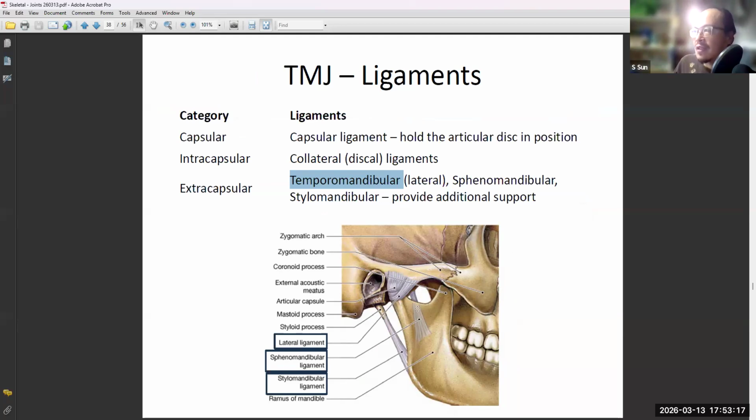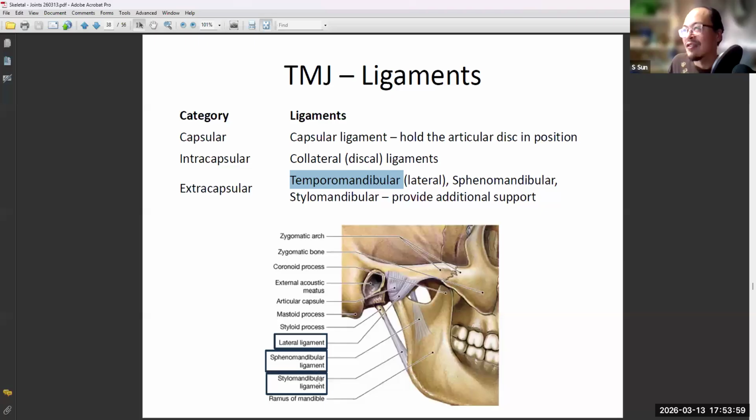We also have two other ones right here. These are away from the joint itself, but they are important to support the joint. One is this one here, the styloid process, hopefully you still remember it. This is called the stylomandibular ligament. The name basically tells you what it connects. And the other one here is the sphenomandibular ligament.